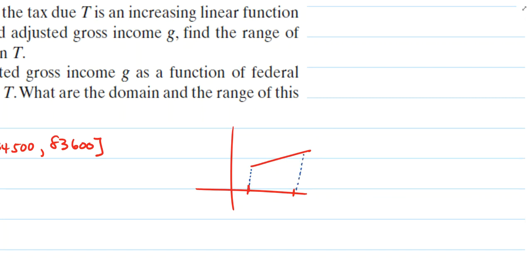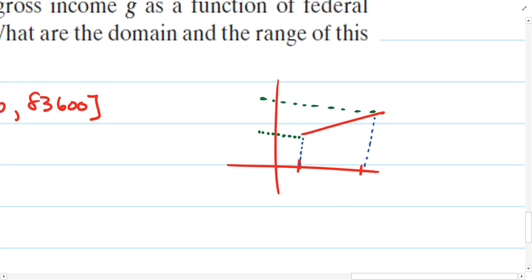For the range, we would want to know the y values between this point and this point. So when we're looking for the y values, what we really should do is calculate the value at the lowest domain value, calculate the y result at the largest domain value, and that will give us our range for y values.